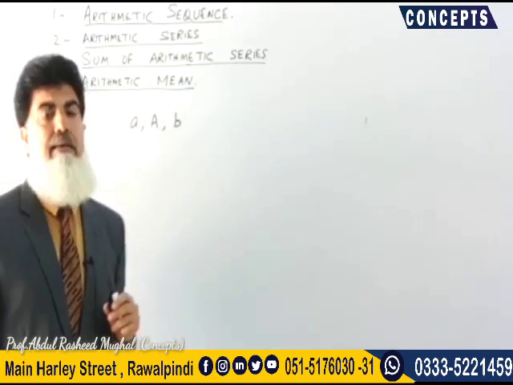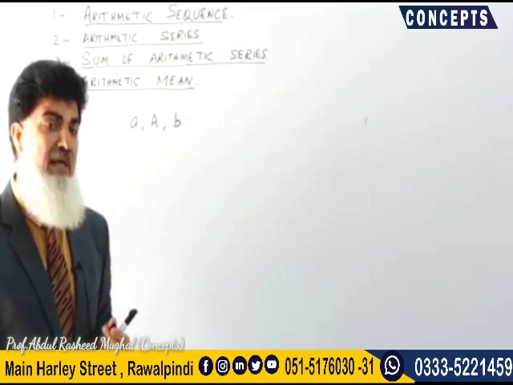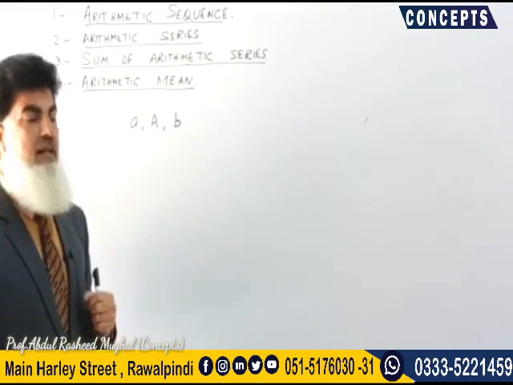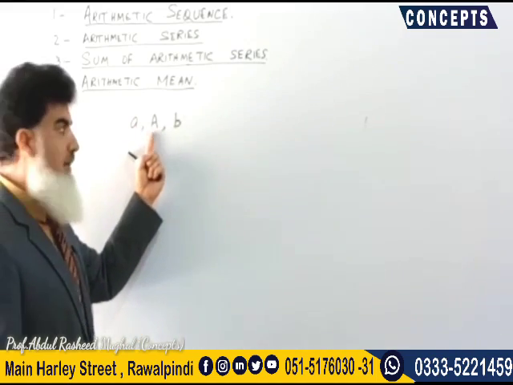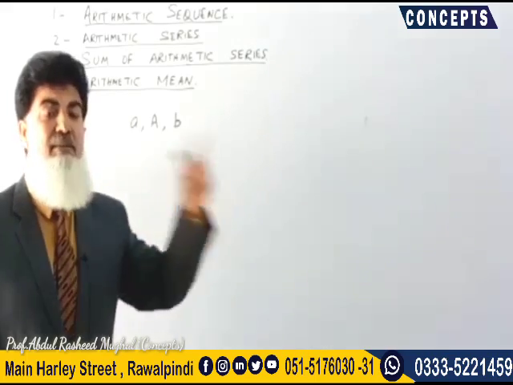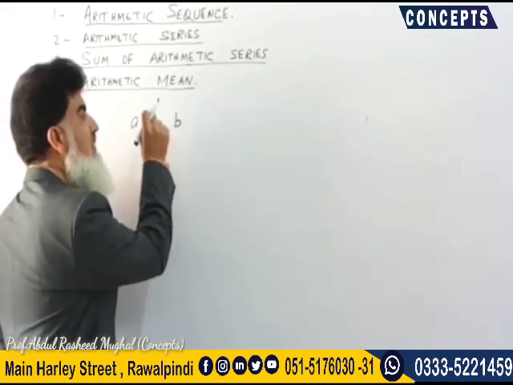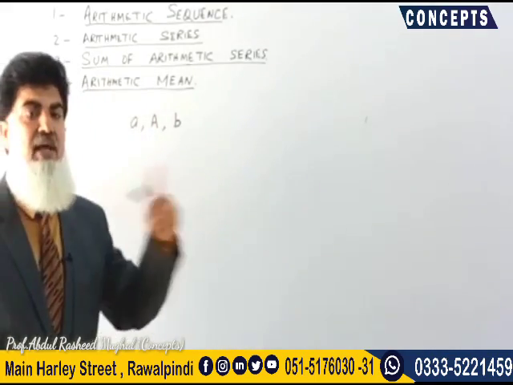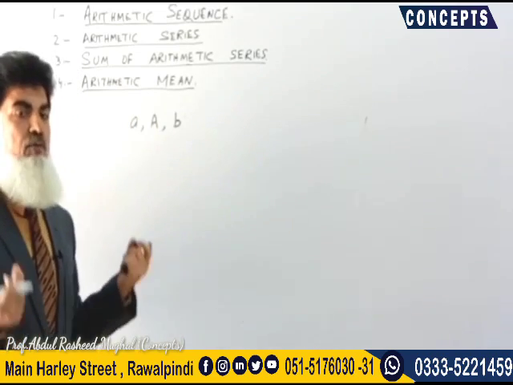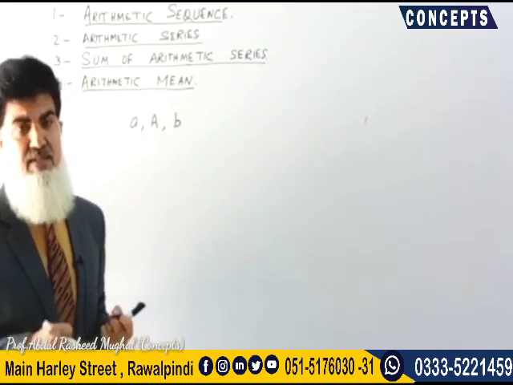If this capital A is an arithmetic mean between a and b, then a, capital A and b will be in arithmetic sequence. If this arithmetic mean is placed in between a and b, then as a result, we shall get an arithmetic sequence.